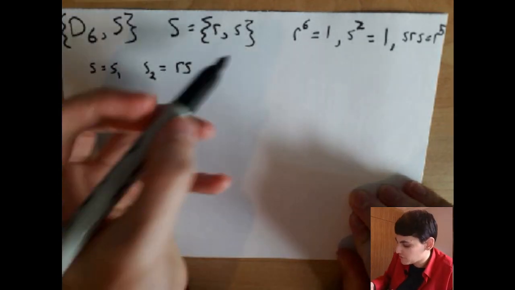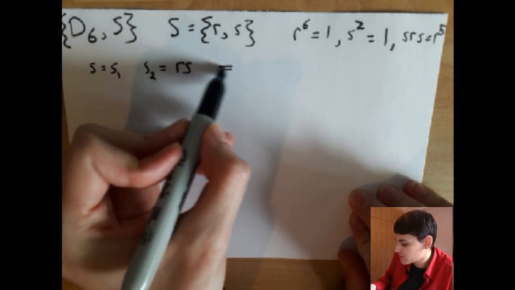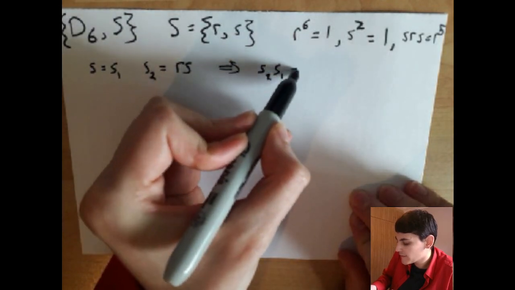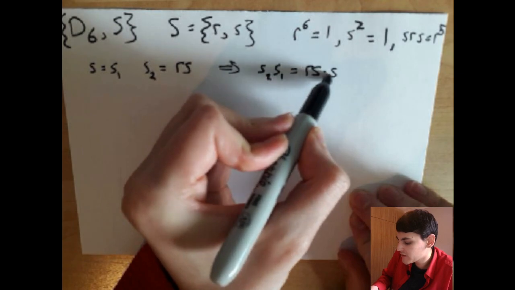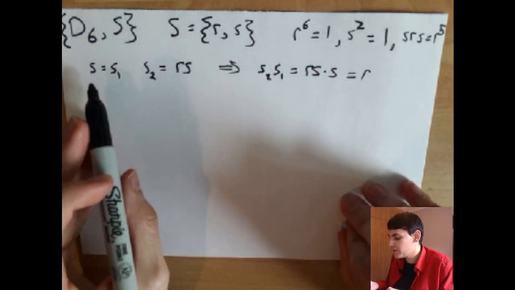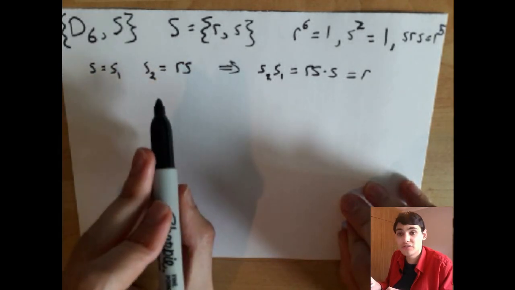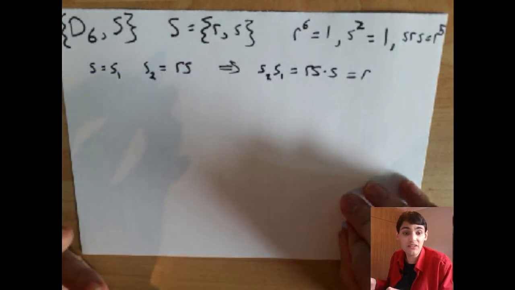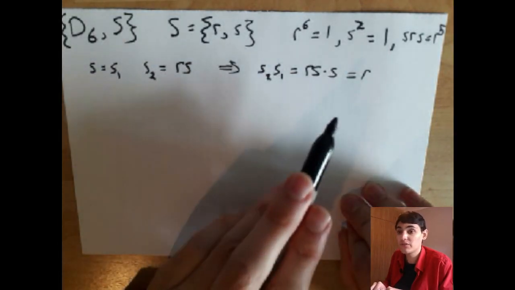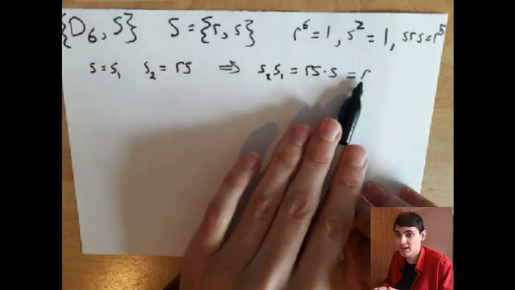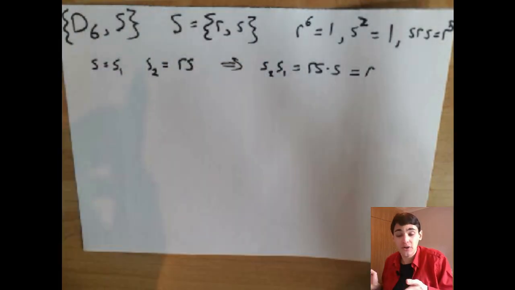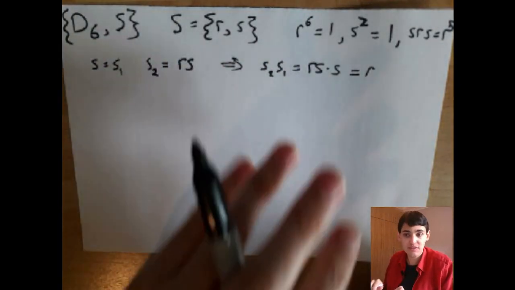This implies that s2 times s1 equals rs times s, which is r. So s1 and s2 do indeed generate D6, because you can form r and s, and so, going through the motions, you can get the whole of D6. So that's good.